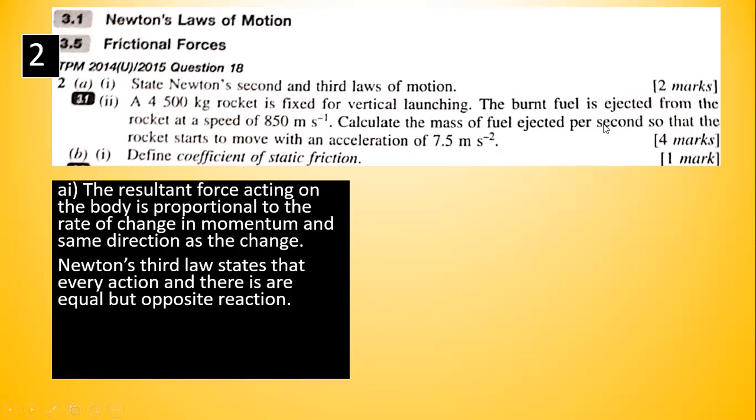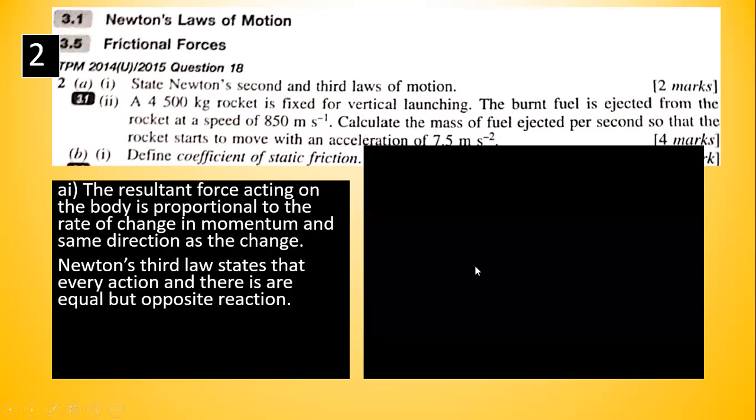So you want to calculate m divided by time, so that the rocket starts to move with an acceleration. This acceleration is given. So that is your thrust, pushing the rocket up. There's the weight of the rocket pushing it down, and then there's the mass of the rocket times acceleration.